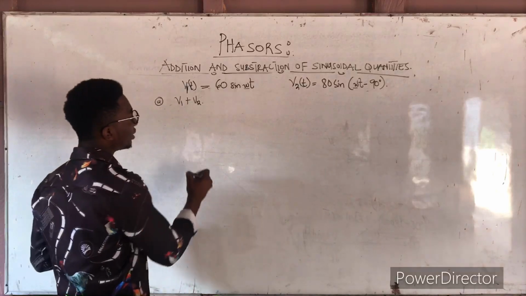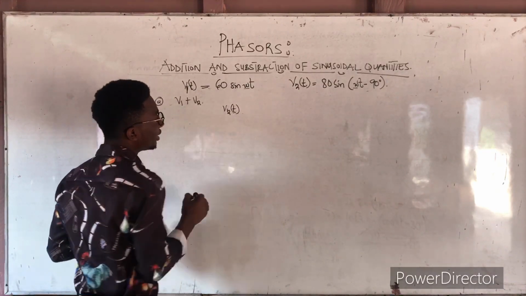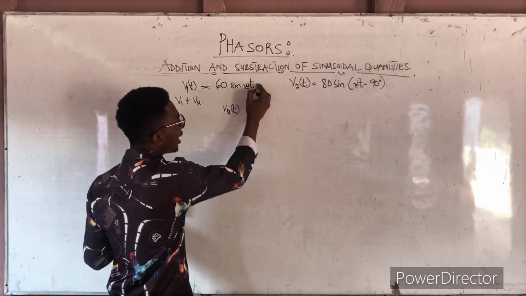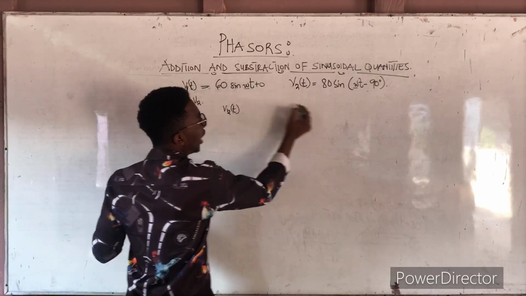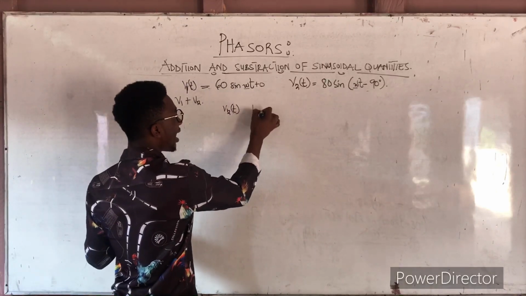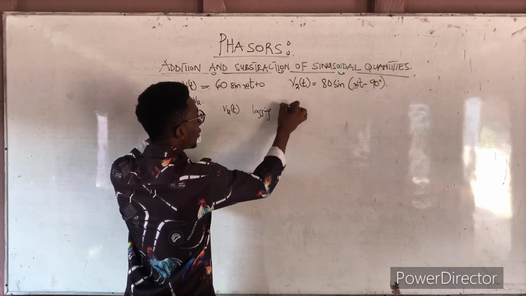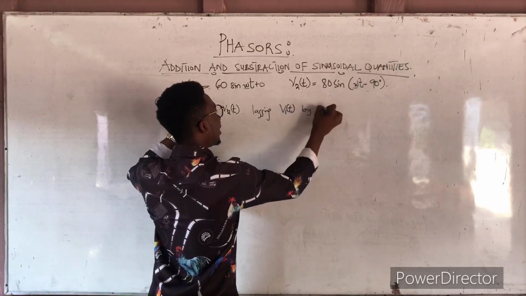Because here the phase angle is 0, but here the phase angle is negative 90, we can say that voltage 2 is lagging voltage 1 by 90 degrees.